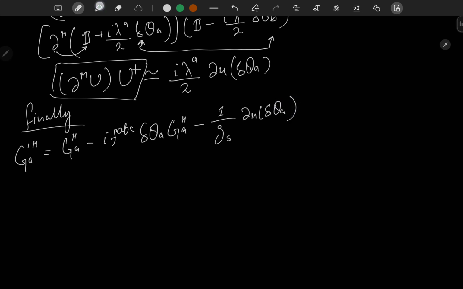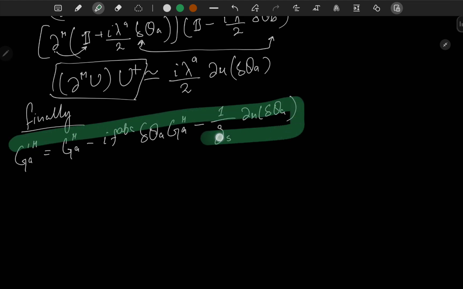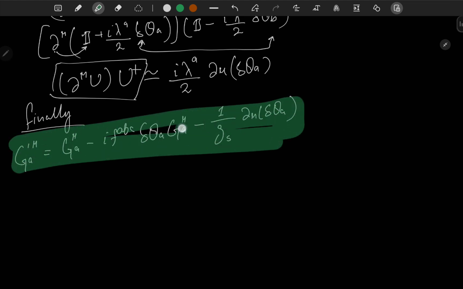Okay, now let's talk about this. So the transformation of the field here does depend on field itself, and this is a consequence of non-abelianity of SU3 group.